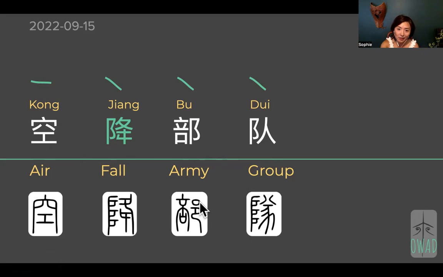So let's get into this bu. We have this almost circular thing in there. And then this, according to scholars, is a person in a kneeling position. So this is not a person standing tall. This is a person like bowing to you. So that is our symbol for people you rule under your governance.